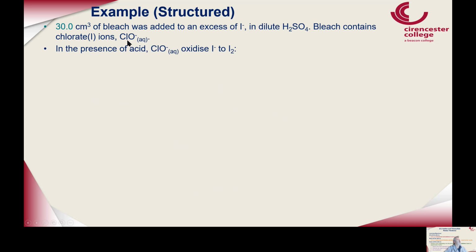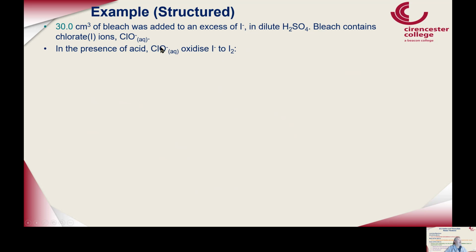Well, yes, it is, because the oxygen is -2, the whole thing is -1, so the chlorine is +1, hence chlorate(I). So the chlorate is a +1 oxidation state. It's going to be changed to Cl-. It's going to oxidize iodide to I2, and we're also going to make chloride ions.